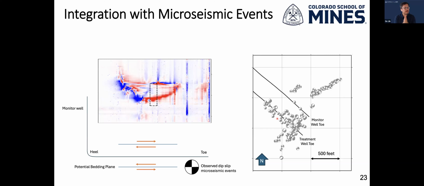But to be honest, because of the fiber orientation, if this bedding plane has a shear that is perpendicular to the fiber direction, we are very insensitive to that motion. So we don't really know the actual rate of the shear motion in this particular case.